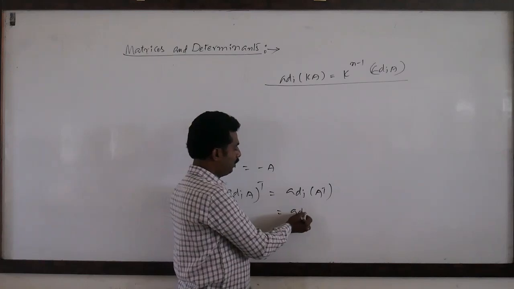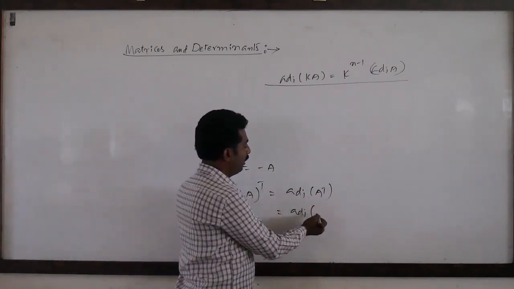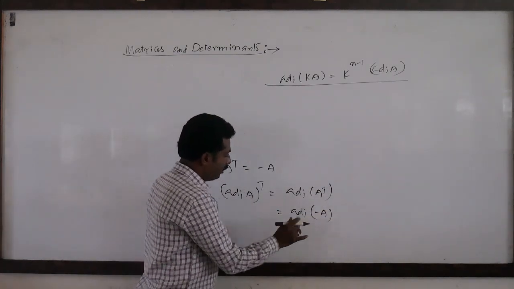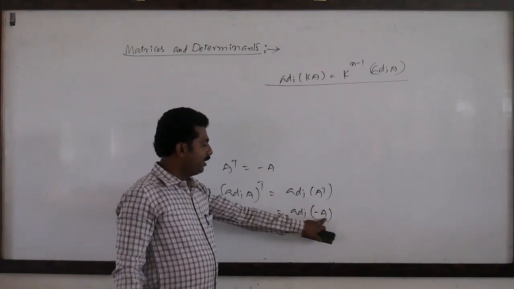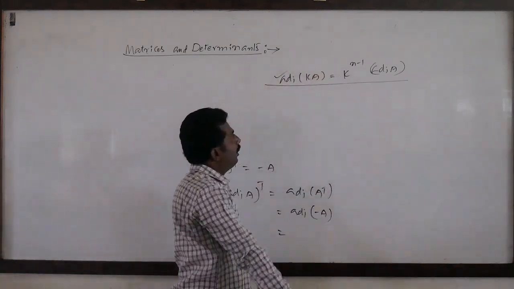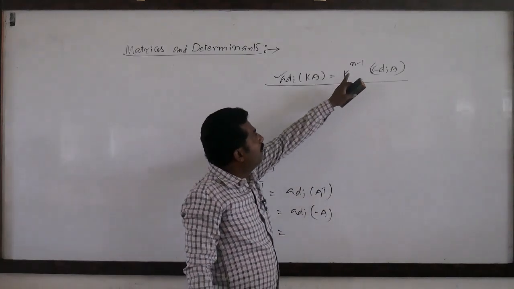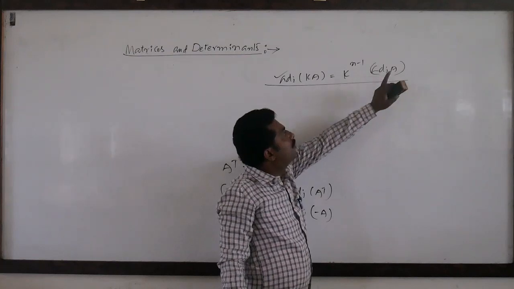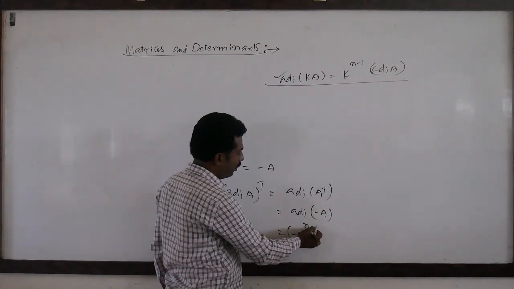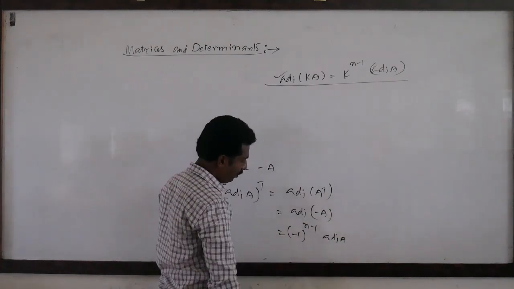So adjoint of A transpose means adjoint of minus A. Adjoint of minus A means adjoint of K A type. Here K is minus 1, so K power n minus 1 into adjoint of A. So this is minus 1 whole power n minus 1 into adjoint of A will come.